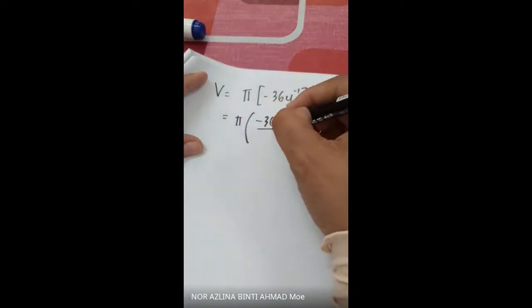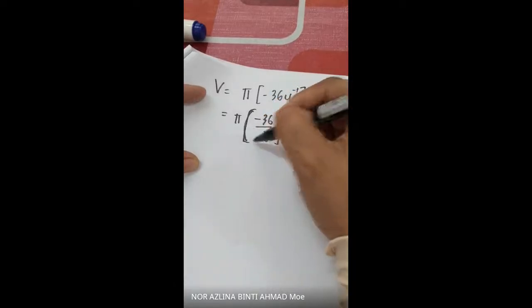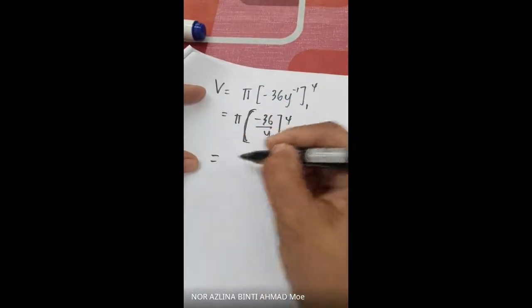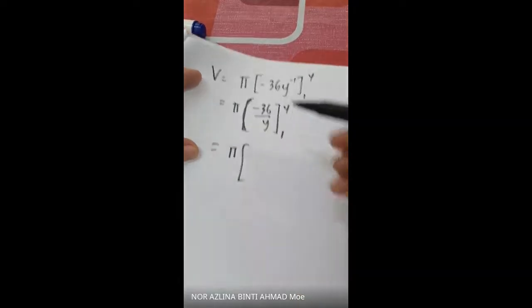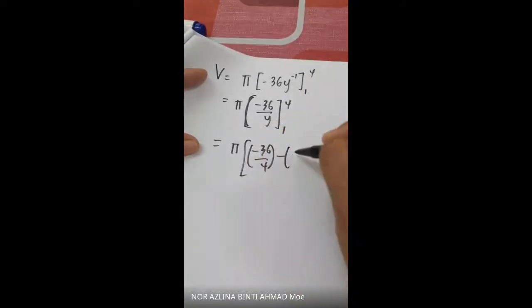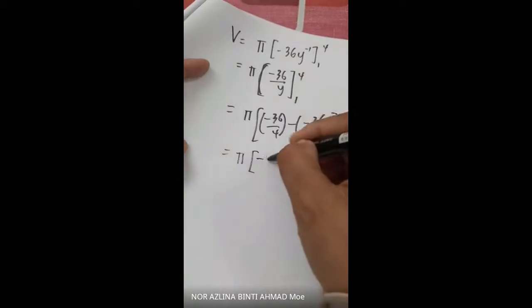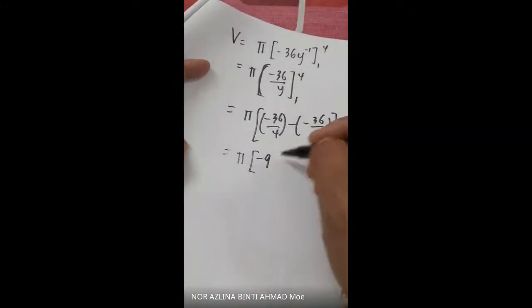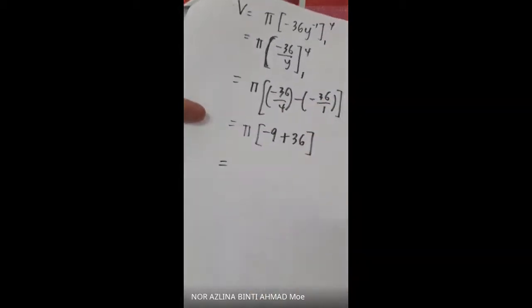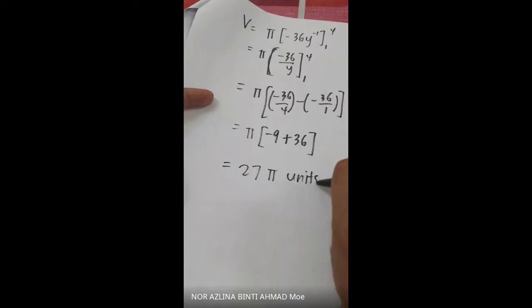Negative 36 over y. Okay. Negative 36 over 4 minus negative 36 over 1. So pi equals negative 9, minus minus plus. So this is 27 pi unit cube.